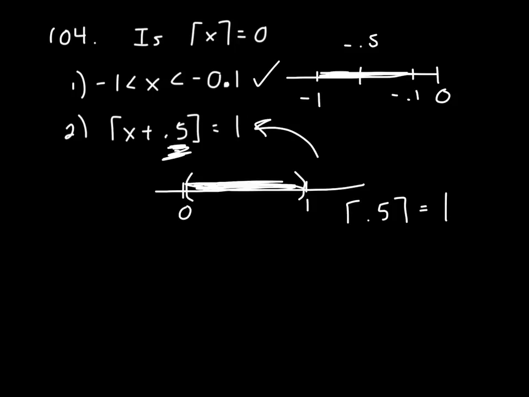But if you took one of these, let's say 0.6, sure enough, and put 0.6 plus 0.5, well, that ends up giving you 1.1, right? So what's the least integer greater than or equal to 1.1? That would be 2.